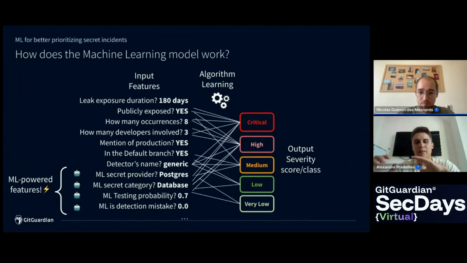And then by giving this input and output to the algorithm, the model is able to learn what the severity of the secrets is, and what the features are that are important to determine the severity of the secrets. And then it's able to compute a score for every single secret. And so we can compare the secrets based on the score.